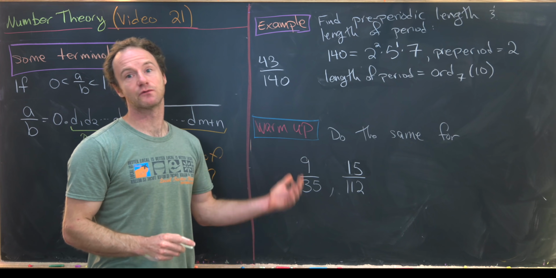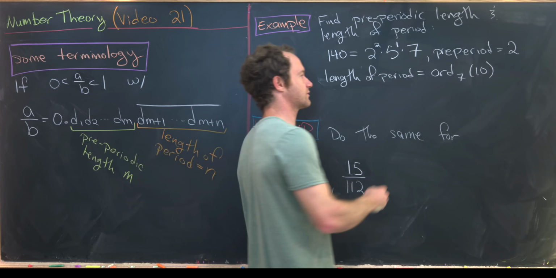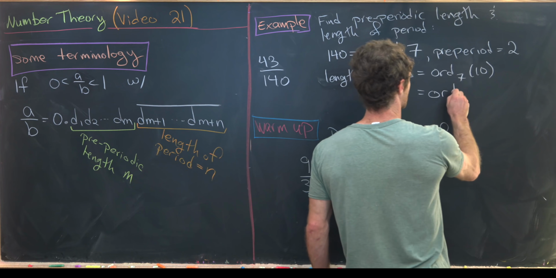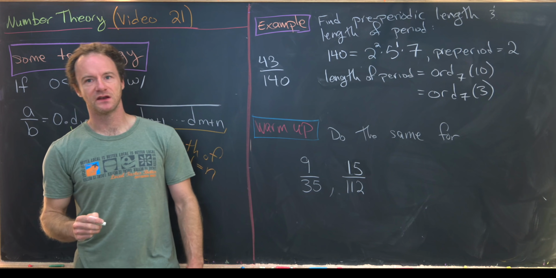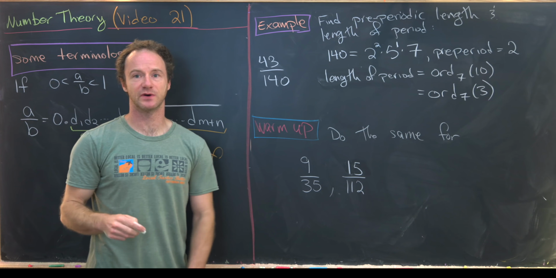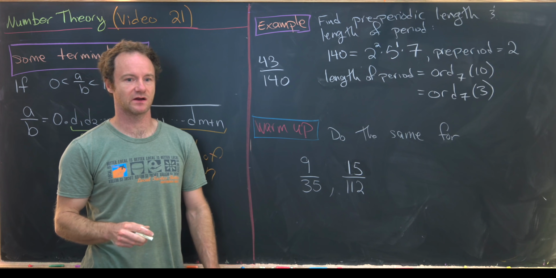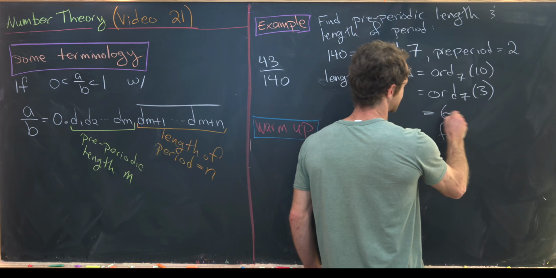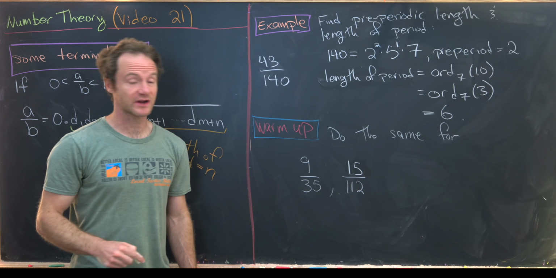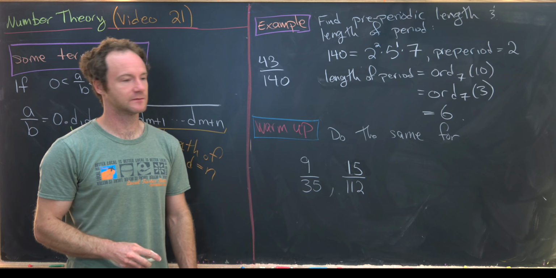But notice that we can reduce 10 mod 7 to 3, so that's going to be the same thing as the order of 3 mod 7. Now, I won't work that out because we've spent a bunch of videos and probably a bunch of class time working out the order of an integer mod n. I'll just say that this is equal to 6. In fact, 3 is a primitive root mod 7.